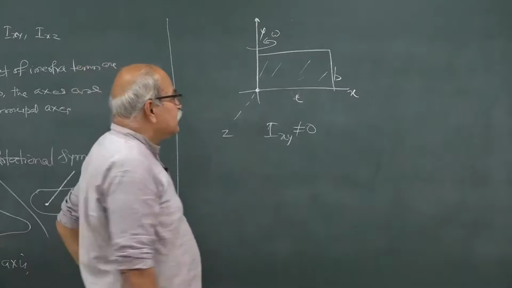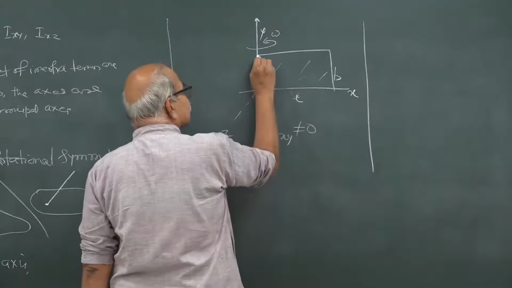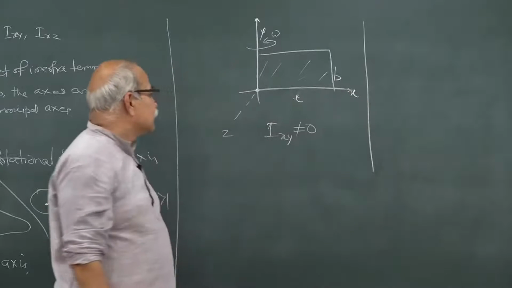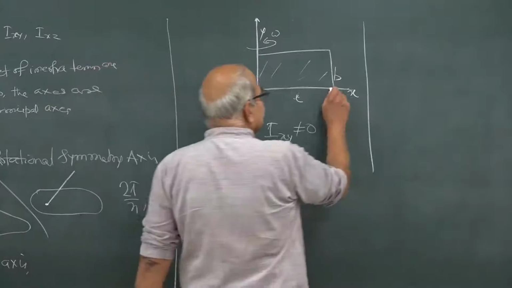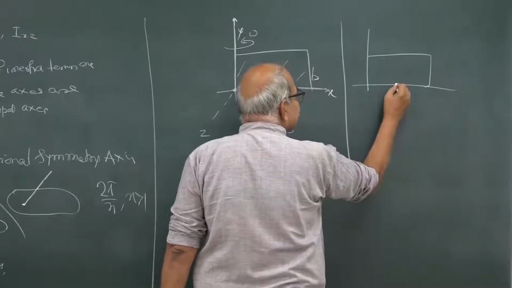Okay. But now I give another example. So, this is not a principal axis direction, this is not a principal axis direction, this is a principal axis direction.